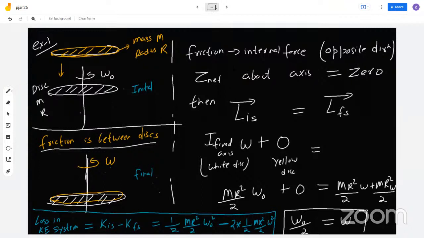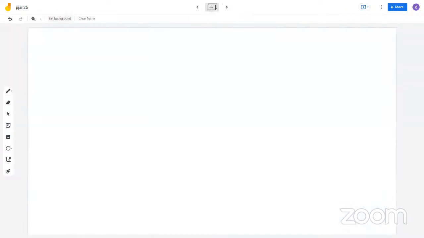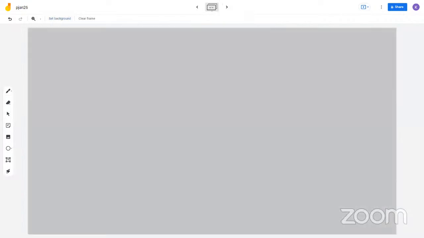Now let's say a similar equation we can try.